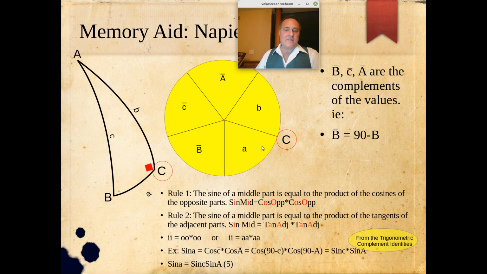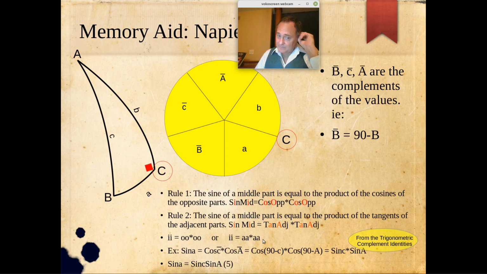So the sine of a middle part, say A, is equal to the product of the tangent of this adjacent and the tangent of this adjacent. You see why this is in the middle? It's between these two, or it's between those two. All right. So you can remember that as I equals O, or I equals A.